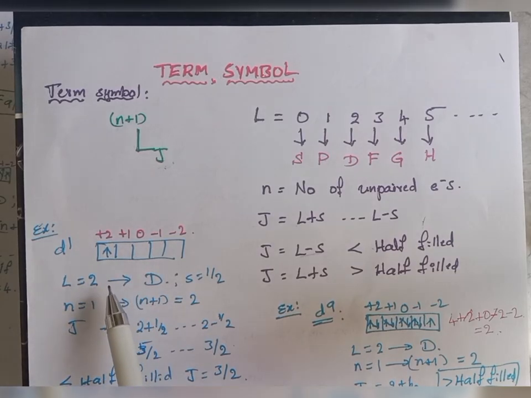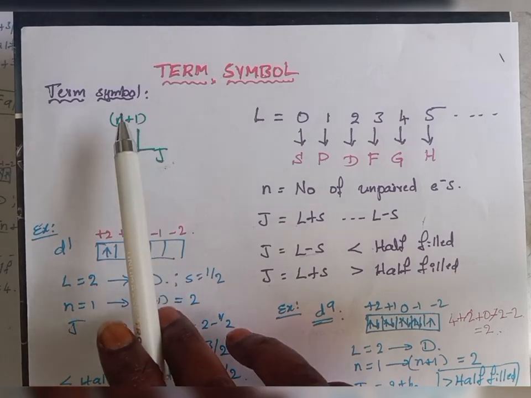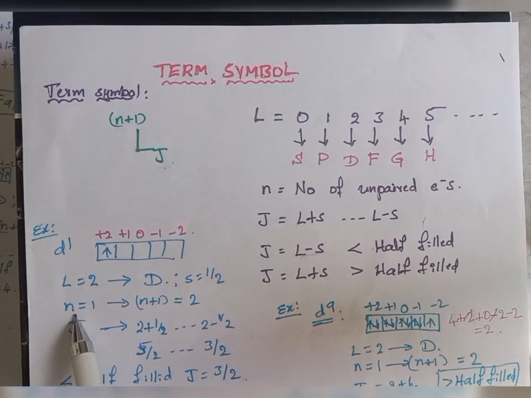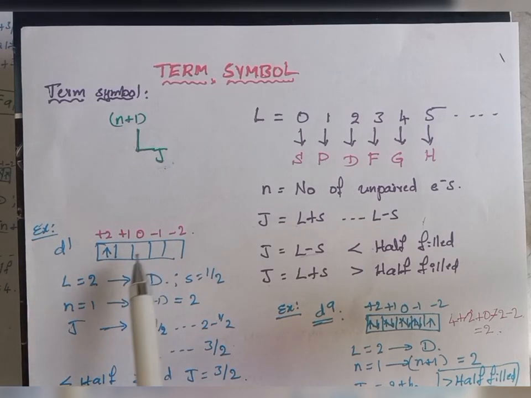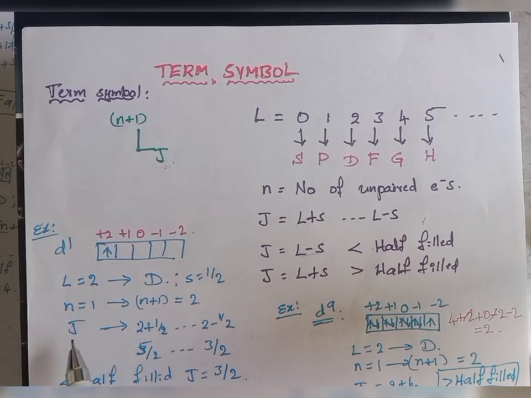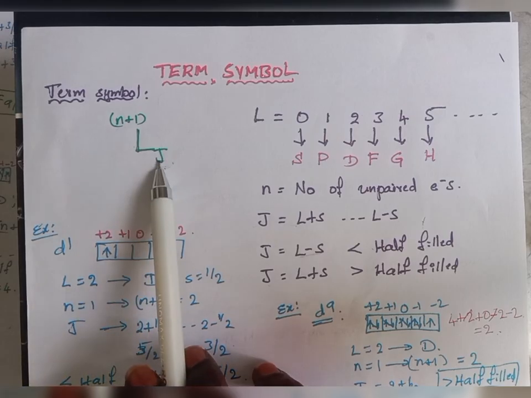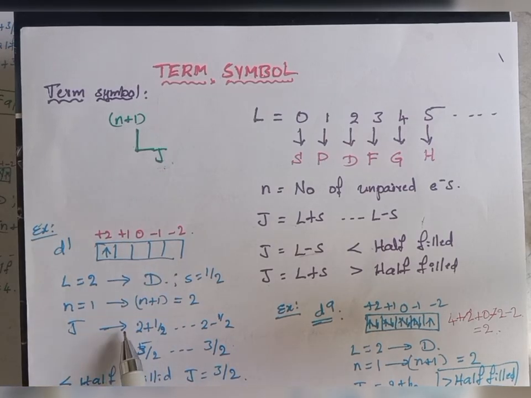So the term will be D. And what we have to know is n plus 1. So n is the number of unpaired electrons, right? Here 1 electron is unpaired, so n equals 1 and n plus 1 will be 2. And then we have to know the J values, right? J values will be L plus S to L minus S. So what is S actually?